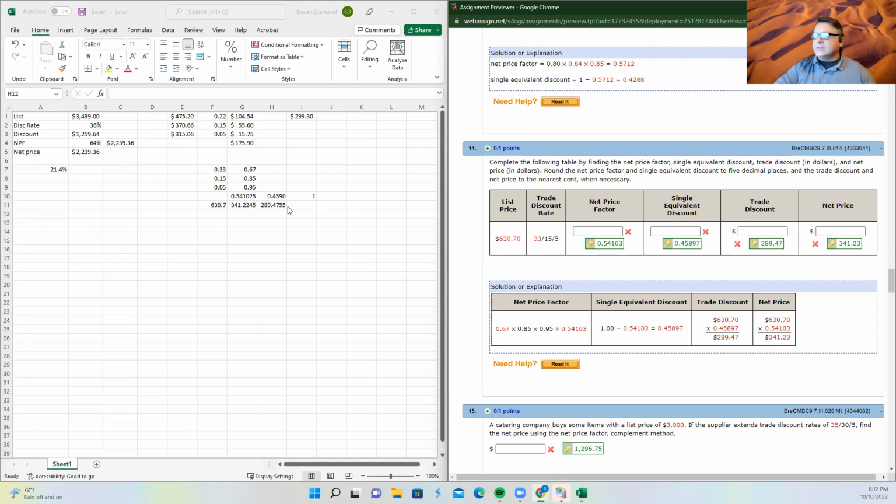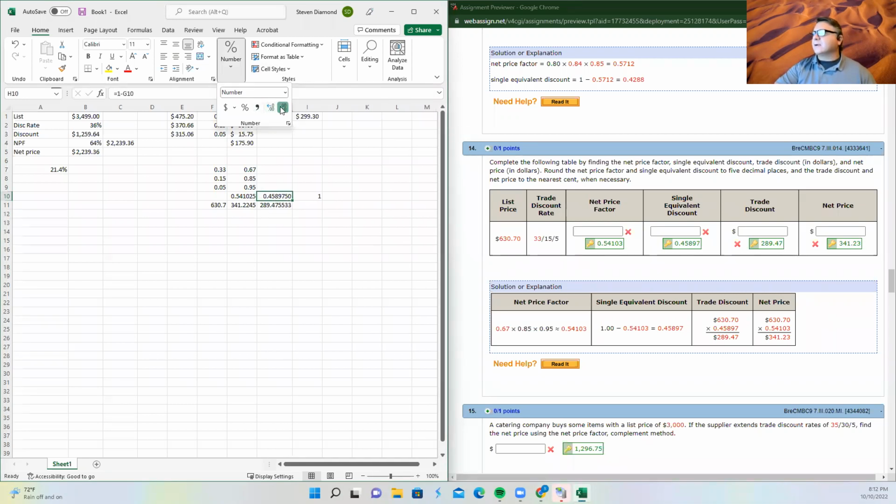So you can see the difference that can come up by using a spreadsheet or a calculator, but we're really, really, really close. And the 45897. Let me look here. See, and what happens is Excel sees this all the way out to here. That's the number it's using.